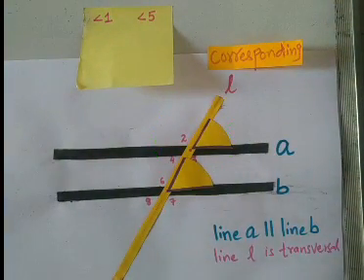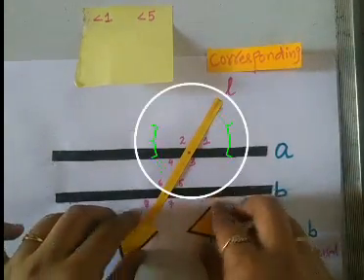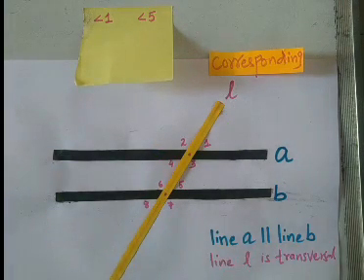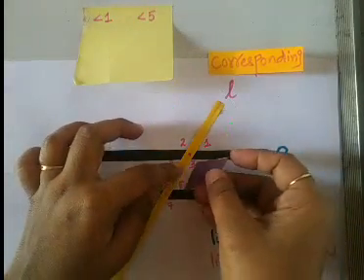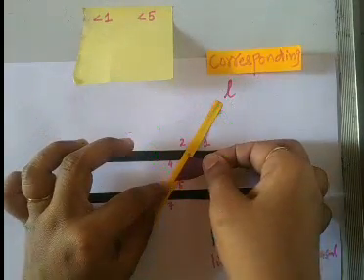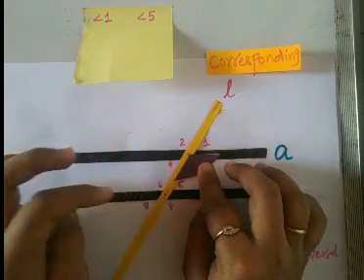Properties we'll see later. Now next, angle number 1 and 5 we have done. Now I am moving on to the next angle, that is angle number 3. This is my angle number 3.